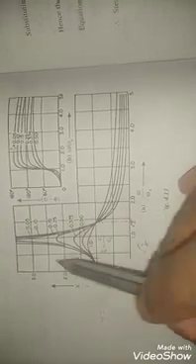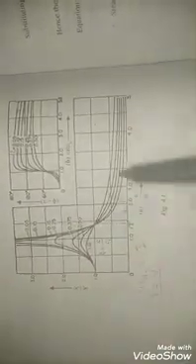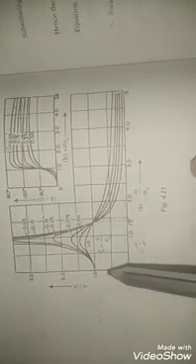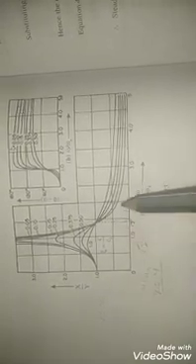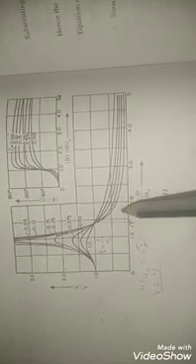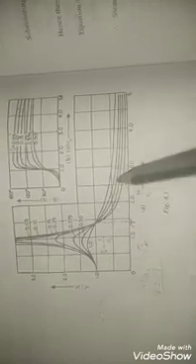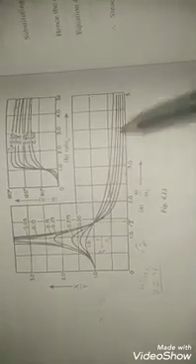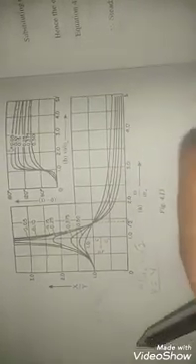So here the frequency response curve we can divide majorly into two zones. That is, what will happen when omega by omega n is less than √2, and what will happen when the frequency ratio is greater than √2.